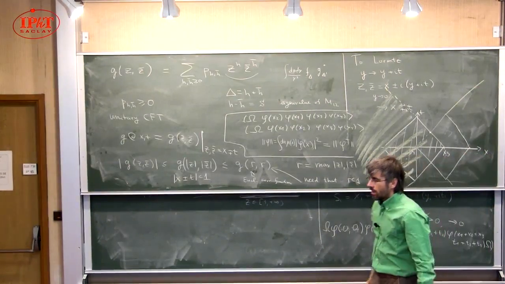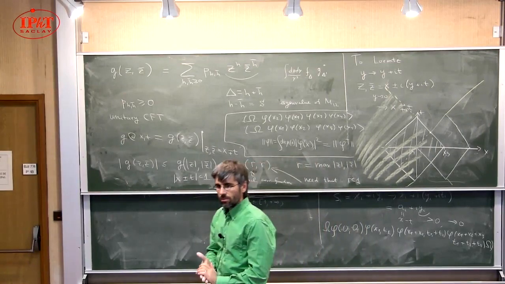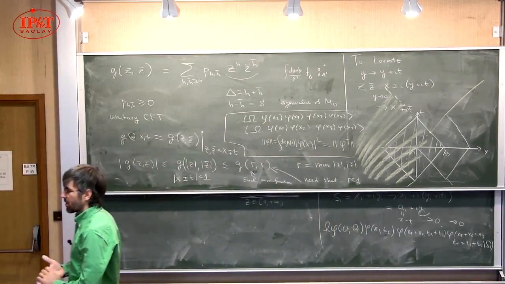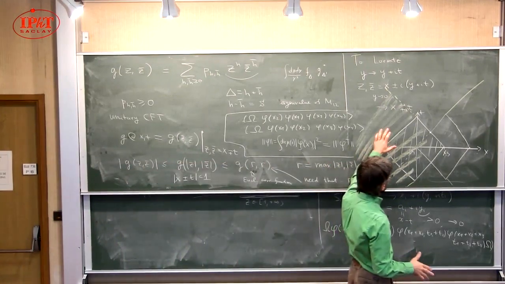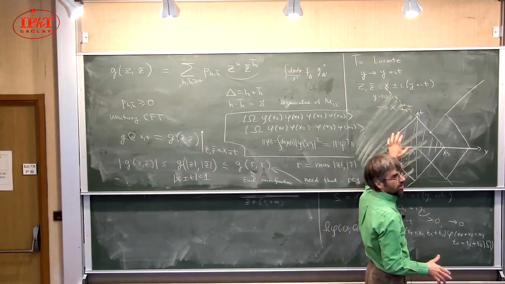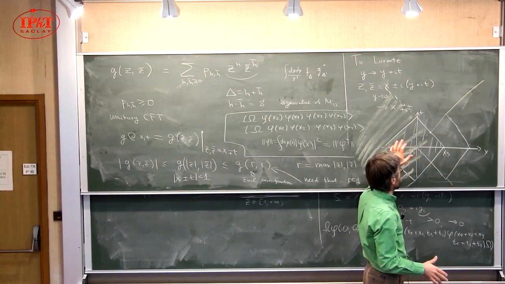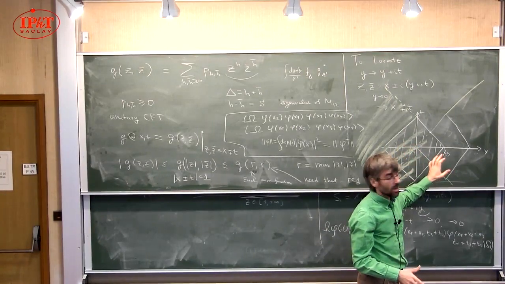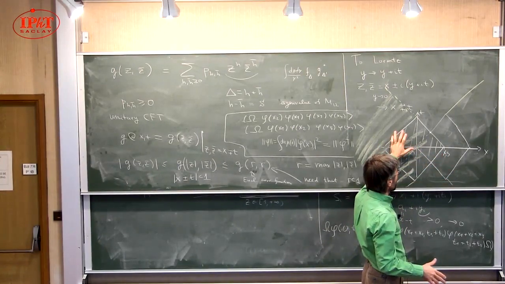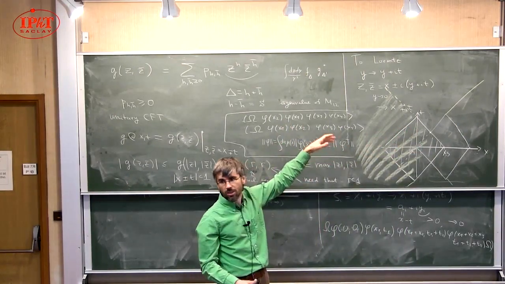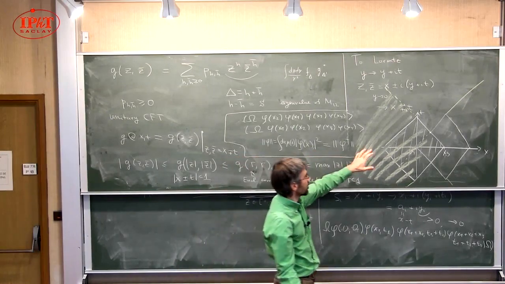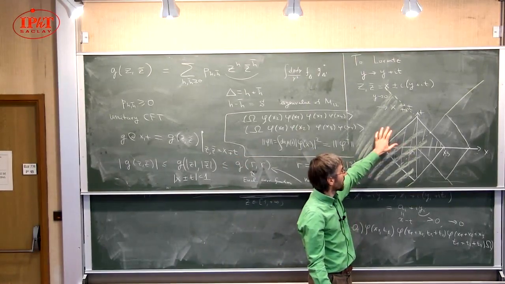Now, if I go to the rho variable, what happens? If I'm in this wedge, then the rho variable and the rho bar variable are strictly less than 1. So I know my correlation function here is analytic, up to this prefactor, 1 over x12 squared to the power 2 delta phi. But the function g here is analytic.